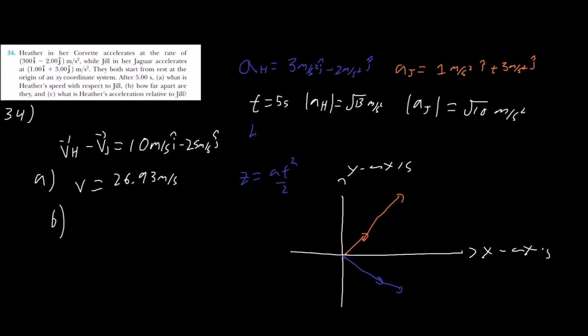So the position for Heather, the overall length, is 45.07 meters. And the position for Jill, we're going to do the same thing: root 10 times 5 squared divided by 2.